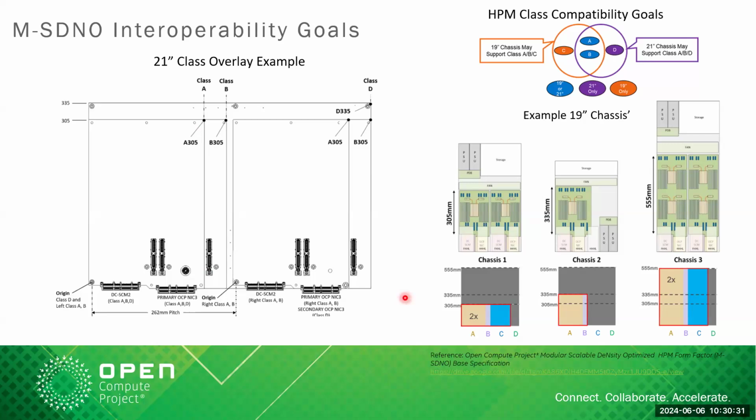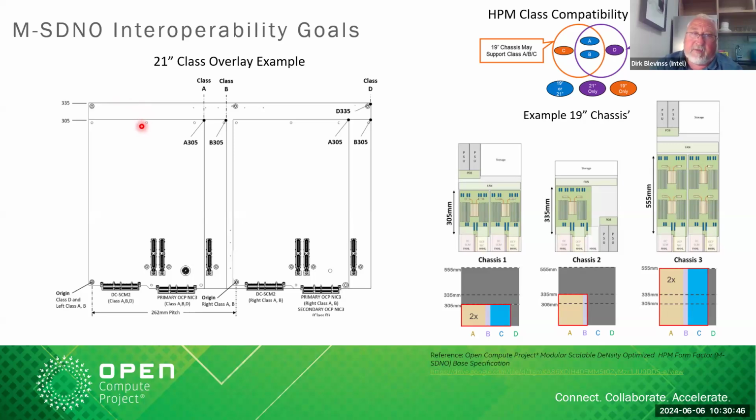Have you guys looked or thought at all about liquid cooling and if that would impact this in any way? We have been thinking about liquid cooling as we're defining these things. And that was one of the reasons why we wanted to recreate the scalable link scenario. Because when you start to think about liquid cooling, if I go over to the picture on the right, you start to have keep out areas for mounting locations and things of that nature.